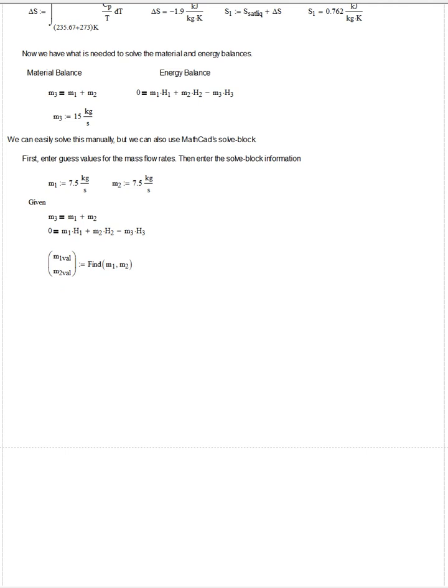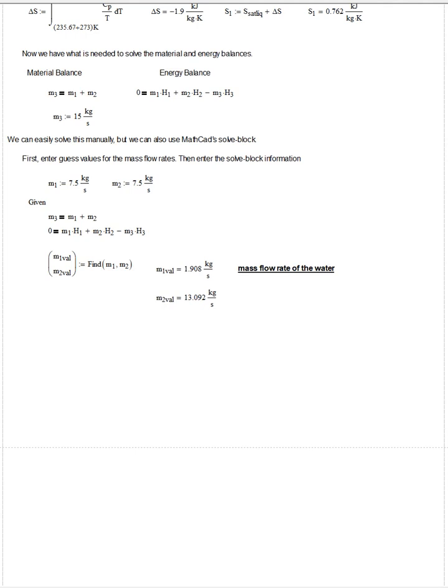So I do that, and then I can just see what M1val is. That's 1.9 kilograms per second, my mass flow rate of the subcooled water. And then M2val is 13.1 kilograms per second.